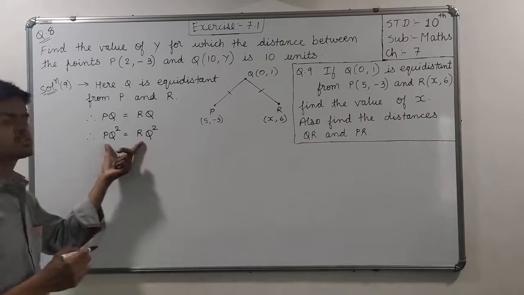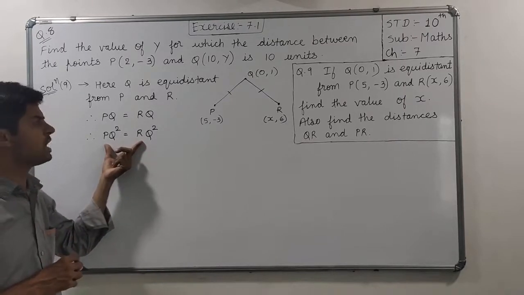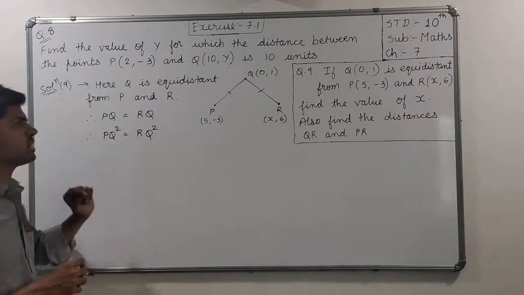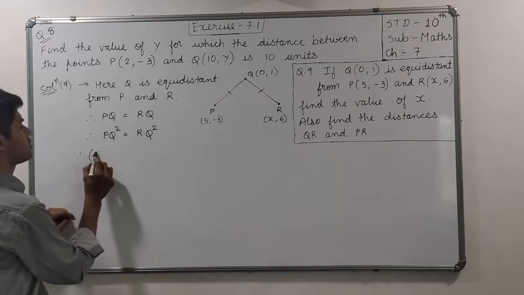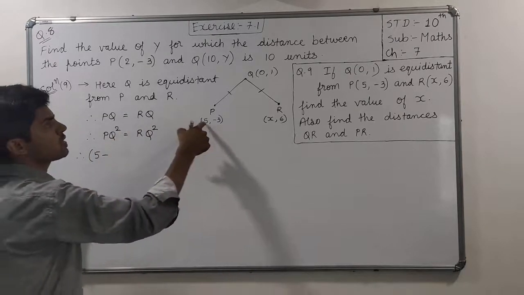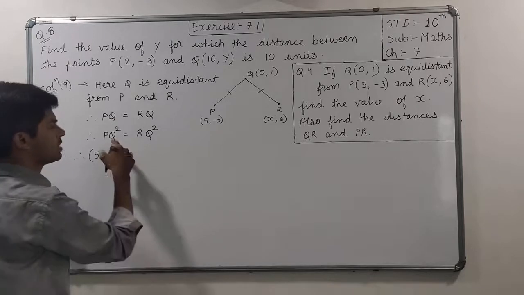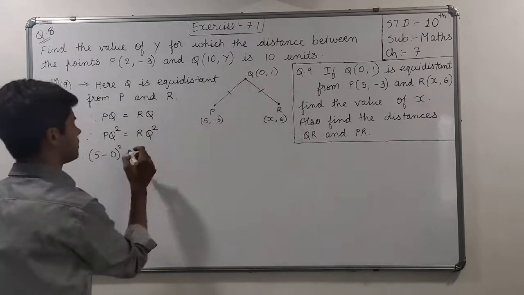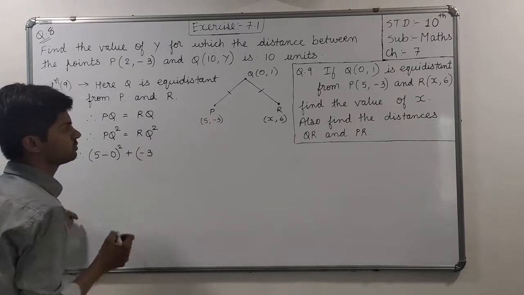Okay, now let us apply here the distance formula. यहाँ पे हम distance formula apply करेंगे. PQ square, first minus first. P का first 5, so therefore 5 minus Q का first 0, (5 minus 0) whole square plus (minus 3 minus 1), right? यहाँ पे इसका first क्या आएगा minus 3.